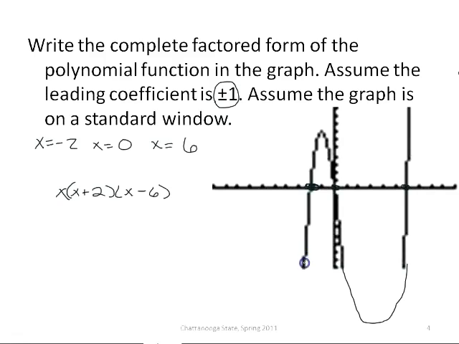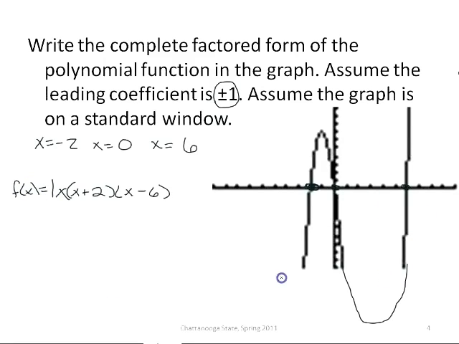So since this first tail is going down, when my x's are negative, my y's are also negative. That means my leading coefficient is a +1. If the x's were negative and the y's were positive, my leading coefficient would be a -1. So this would be the factored form of the polynomial in this graph.